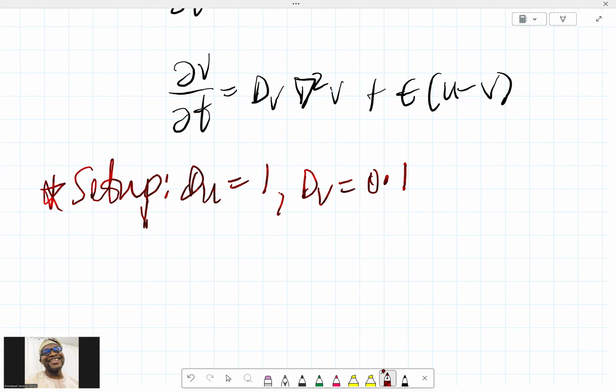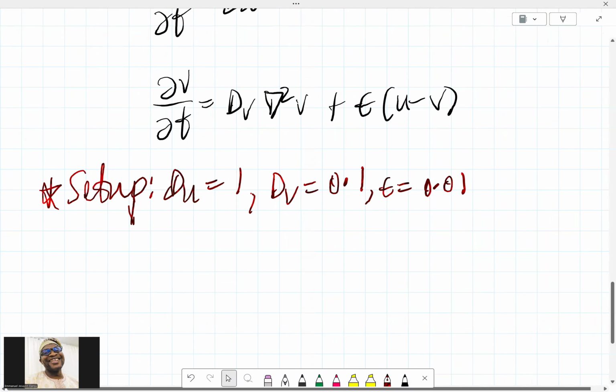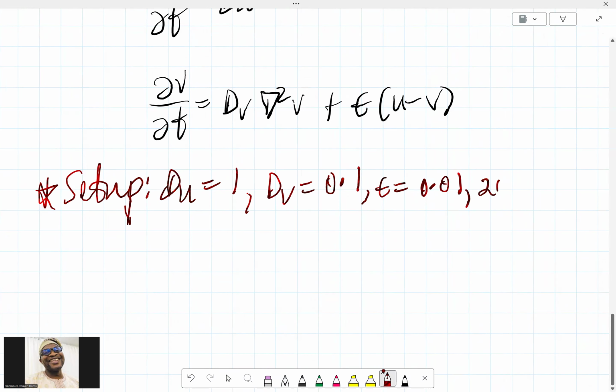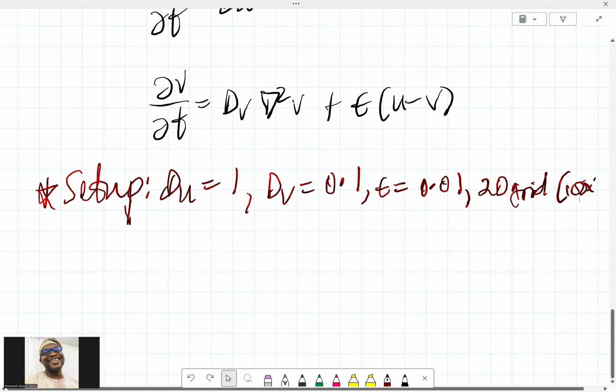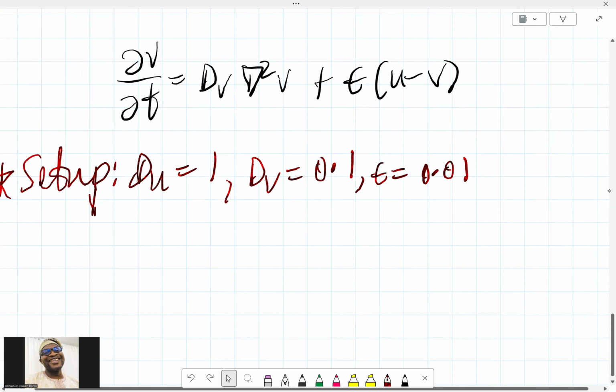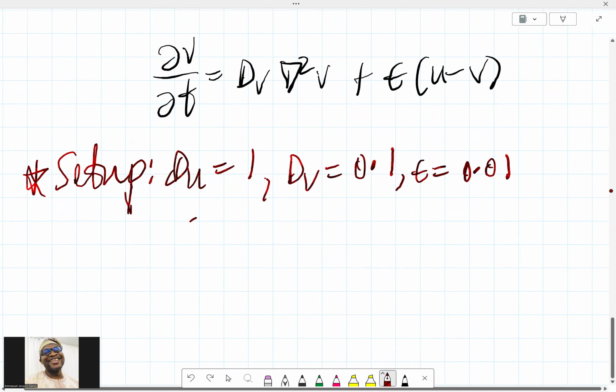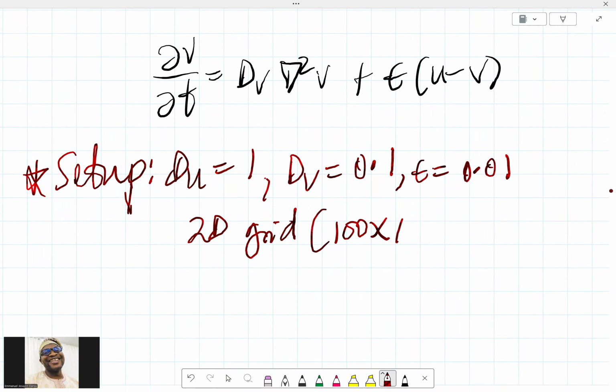Then let's take epsilon to be 0.01. And then we have a 2D grid since we have U and V. So we can have a two-dimensional grid, which is 100 by 100. That's if you want to implement it numerically. So that's the setup we want to use there.